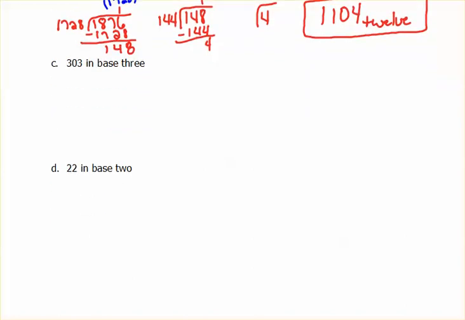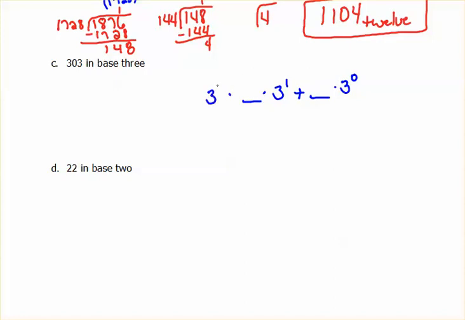All right, let's do this next one, which is 303 in base 3. So again, we want to think about our place values. The first position would be 3 to the 0, so we have so many singles. The next position would be 3 to the first, so we're going to look at groups of 3s.